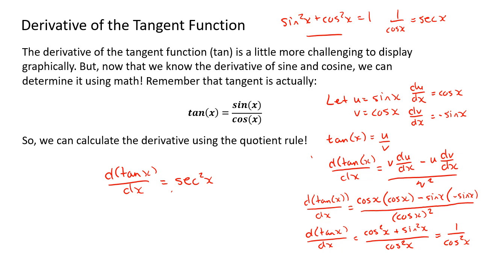If, again, you don't just have x in your function, let's say it's 4x or 2x squared, something like that, then again you have to use the chain rule.